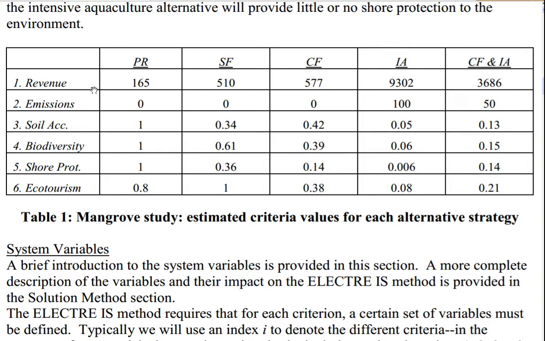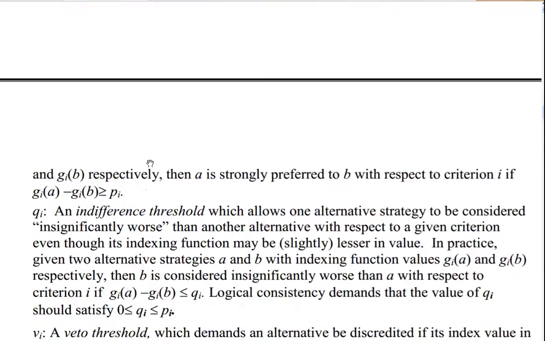Now, it's not necessarily that 0 scales to 0, but you just need to find some scale that ranks these numbers between 0 and 10. The same goes for every one of these alternatives. Every row corresponds to a different criterion, and so you have to rank each criterion from 1 to 10.